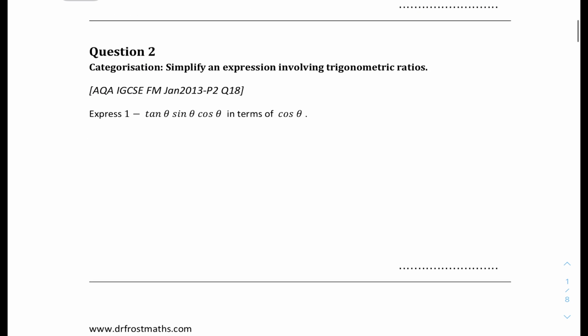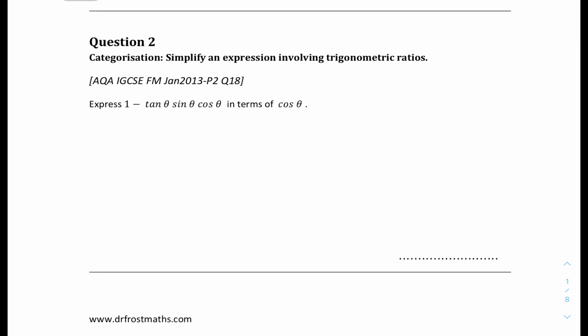Number 2. Express 1 minus tan theta sin theta cos theta in terms of cos theta. So you first have to expand this. Just ignore the 1 minus part first. Tan theta is sin theta over cos theta. You multiply by sin theta and multiply by cos theta.